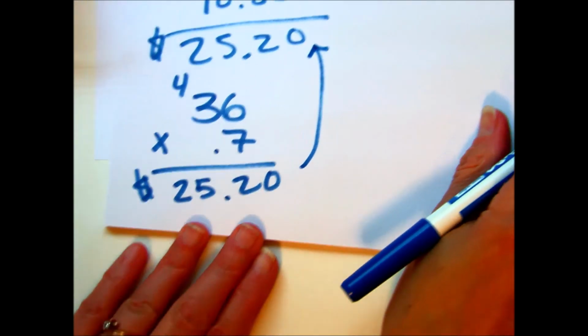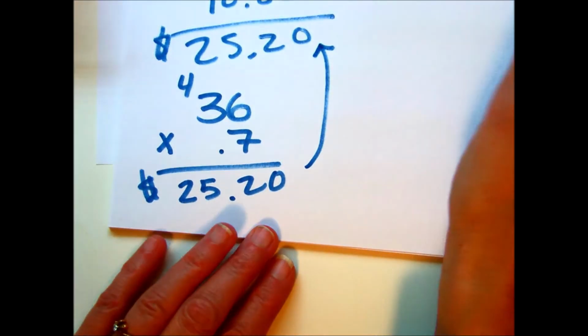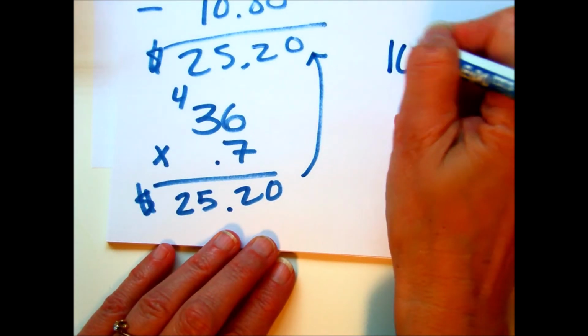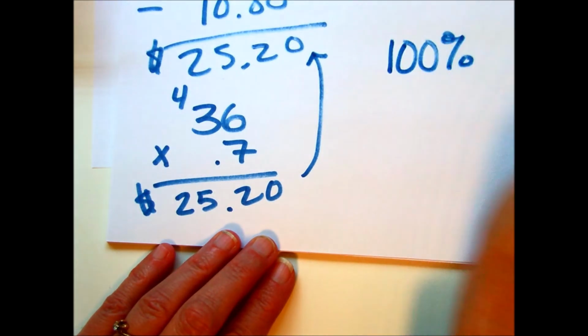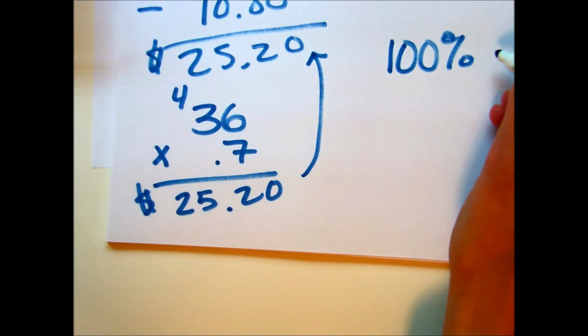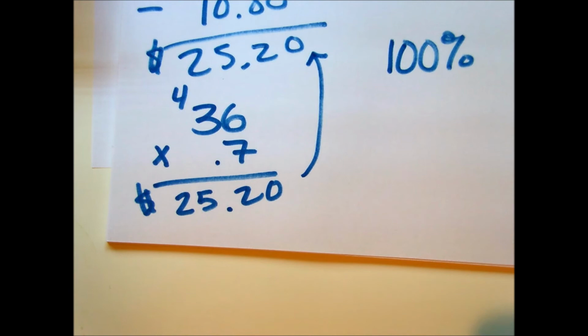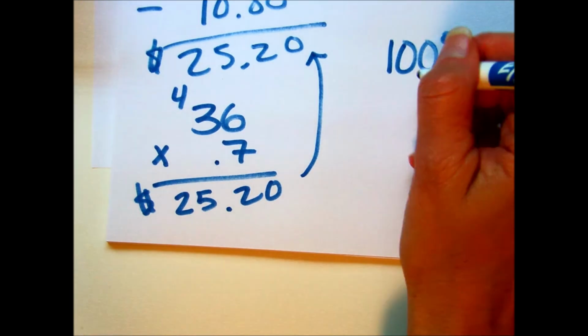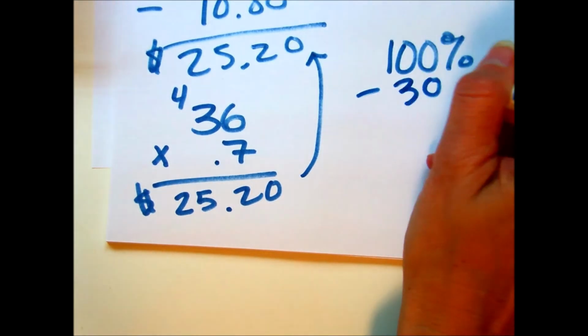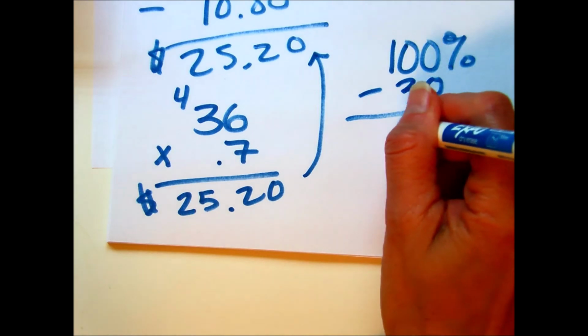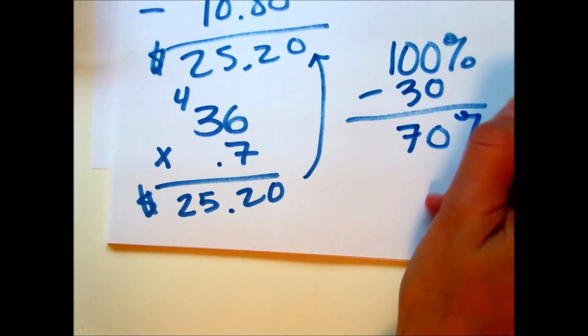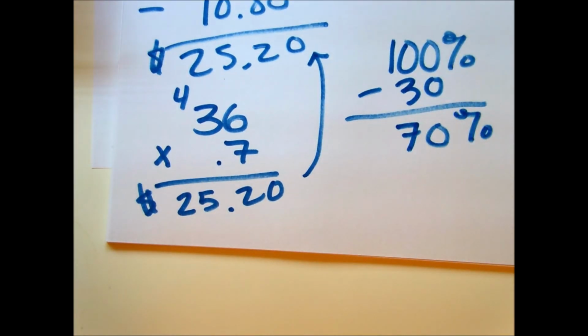The reason I did this is because 100% would represent the $36, the cost of the sweater before any discount. Now, if I'm taking away 30%, that means I am really just paying 70% of the cost of the sweater.